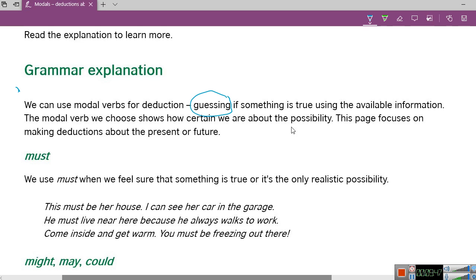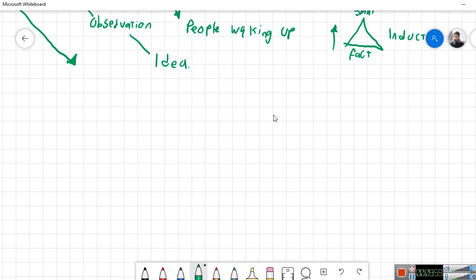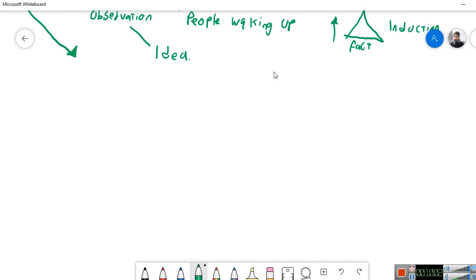So you notice how we're also talking about how certain we are about a possibility. When we make deductions, we can talk also about certainty. Let's make this line. Let's imagine this is 100% and this is 0%. This is certain.